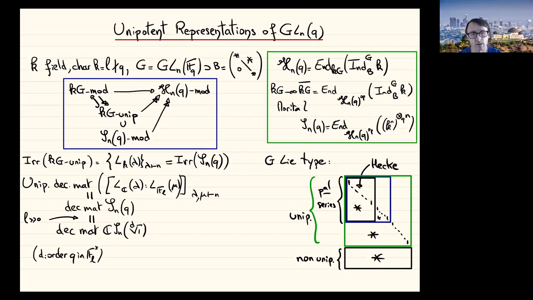It does depend a little bit on q. Specifically, it depends on the largest power of l that divides q^d minus 1. So when you go to the q-Schur algebra, you just get rid of that black rectangle. What we are doing here is the opposite. We are making the number of rows of that black rectangle go to infinity.